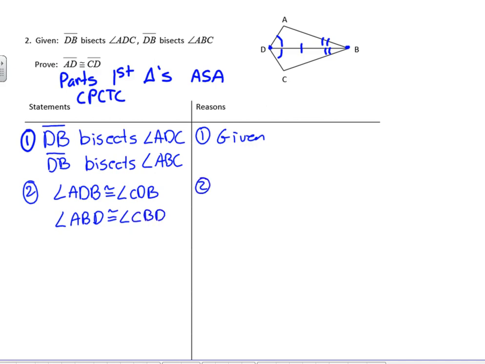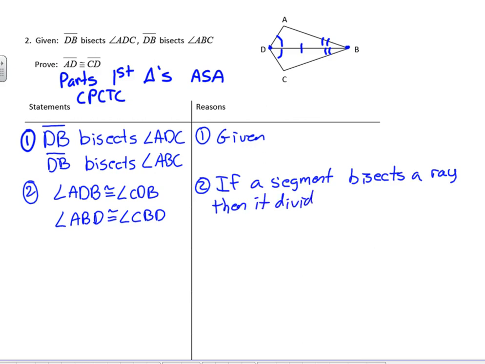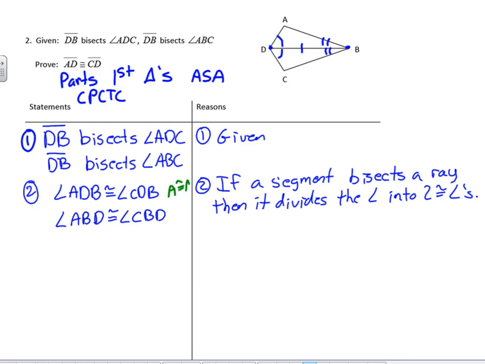And the reason for that is if a segment bisects an angle, that's what we're given, a segment bisecting an angle, then it divides the angle into two congruent angles. So we've got two angle pairs, an angle congruent to an angle, and an angle congruent to an angle.